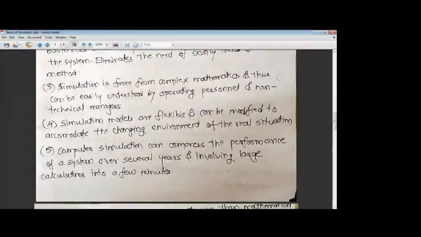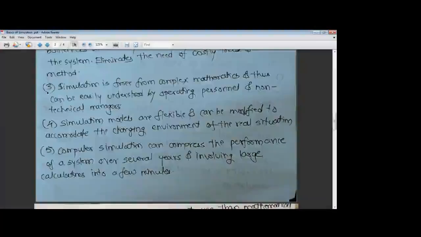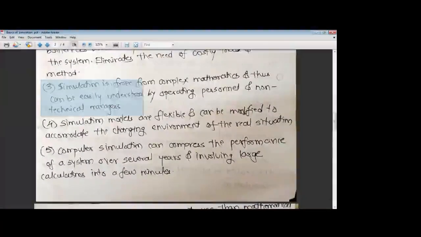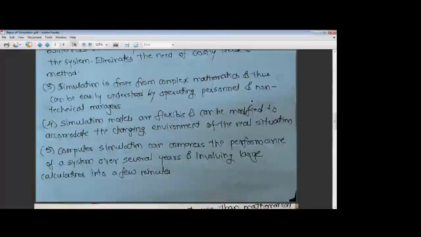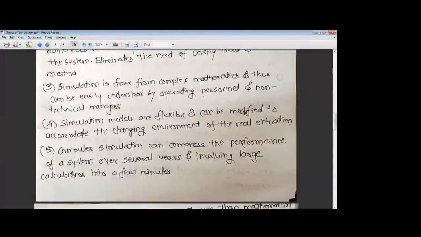Simulation is free from complex mathematics and thus can be understood by operating personnel and non-technical managers also. Now, simulation has been done, it has to be brought. There are technical things in the simulation, but in many cases, the interfaces that are made to get an output for simulation are very, very simple, and can be easily understood by operating personnel, who can be technical or non-technical, and even by non-technical managers.